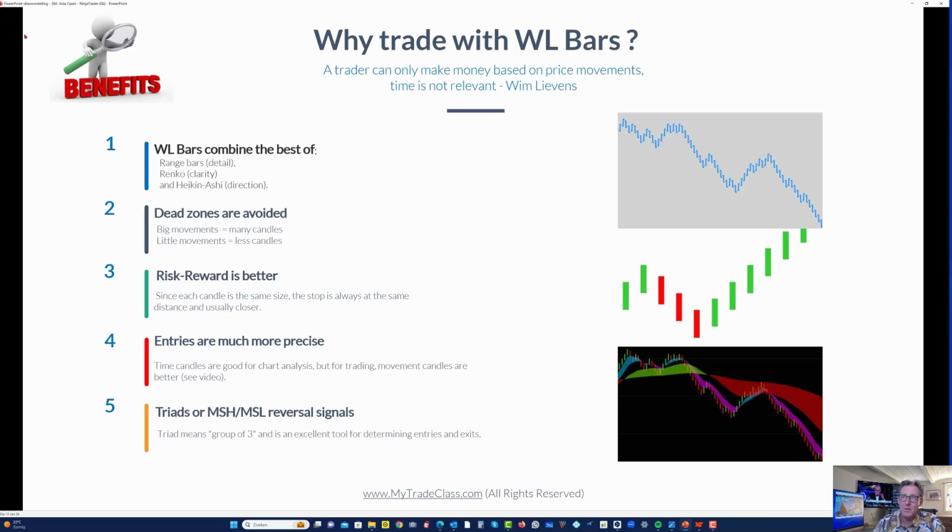But here with WL bars, I will set the size of the bar. Let's say for the Dow Jones, I will say, all right, I want bars of 5 points. And that means that bar will be built from the moment these 5 points are achieved. Now that could be very fast, but that could take a lot of time.